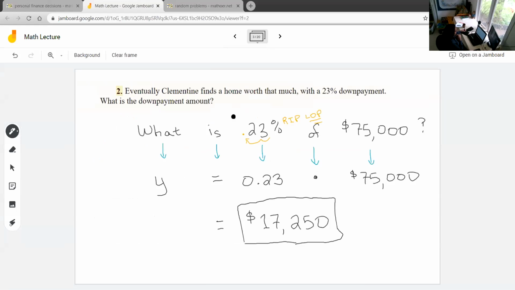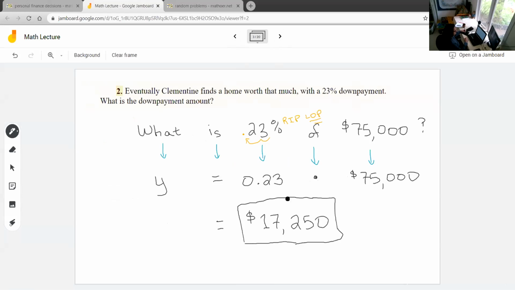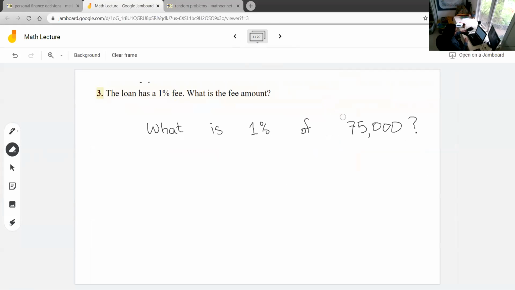I'll give you a hint. It ties back to this problem. Yeah, because we don't have the actual loan amount fully, do we? Right. She doesn't owe a fee on the down payment. The down payment amount she just pays cash up front. That's not actually part of the loan. So we need to find what the actual loan size is. There will be a number that goes in that spot, but it's going to be smaller than 75,000.